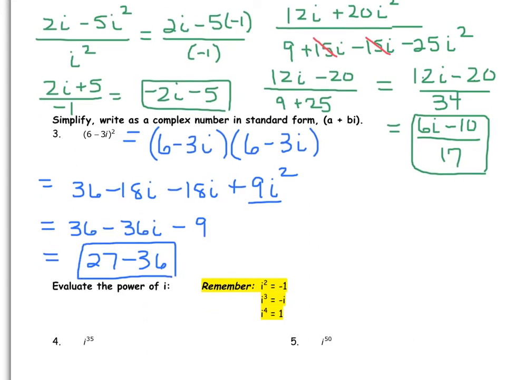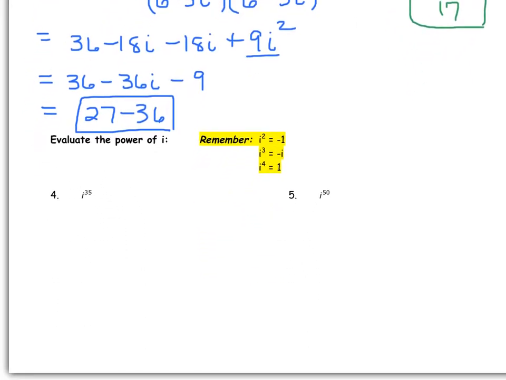All right, on to the last two. We're simply going to evaluate higher powers of i here. So the thing that we want to remember are the 3 other powers of i that we saw on the sheet from the day before. And the i to the 4th power is the one that we're most interested in. Any higher power of i can be written as a power of i that's a multiple of 4 times the remaining powers.